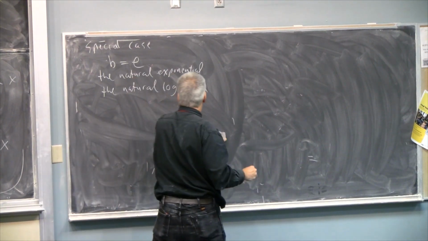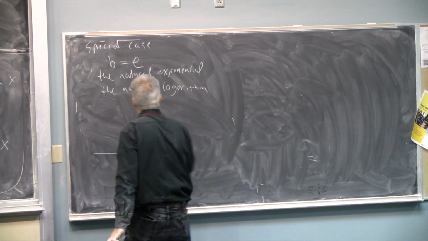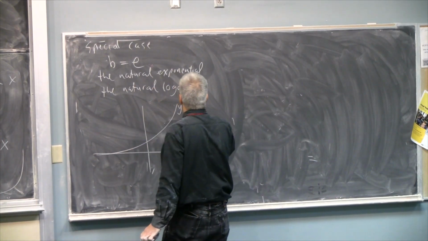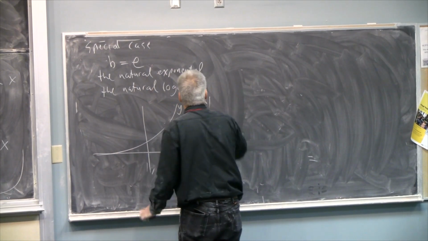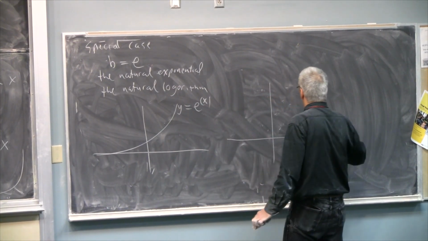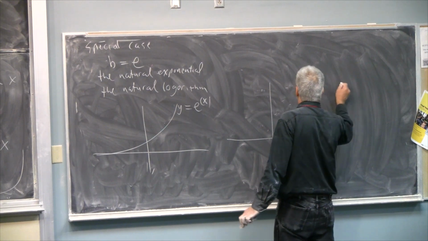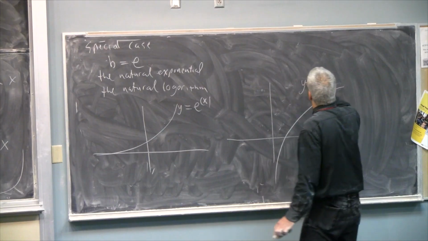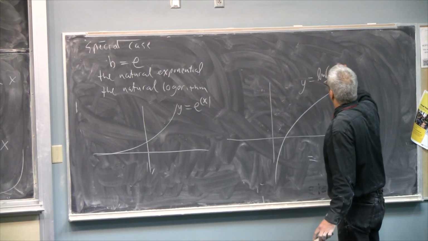So we have y equals e to the x for the natural exponential, and for the natural logarithm, instead of log base e, we just say ln. So this is y equals ln of x.